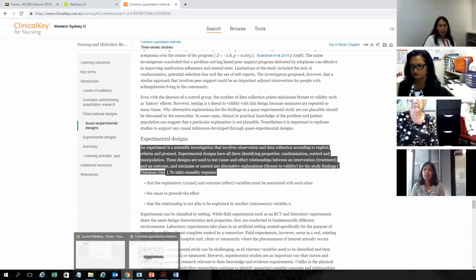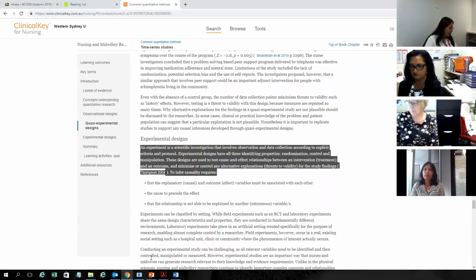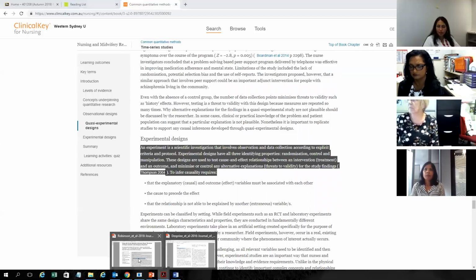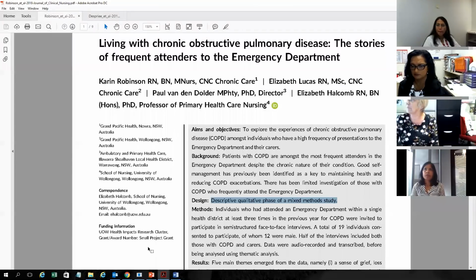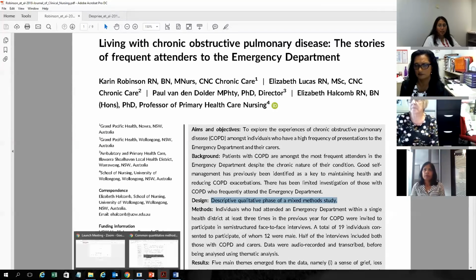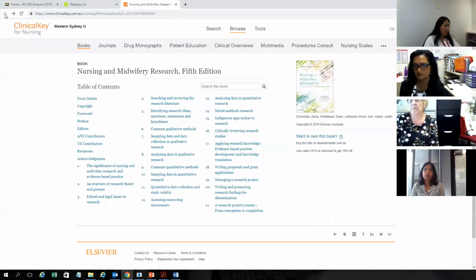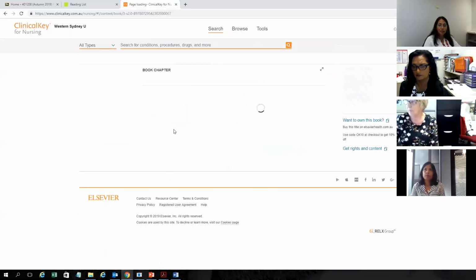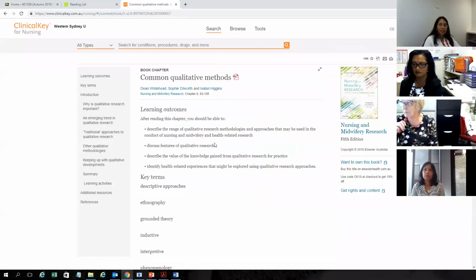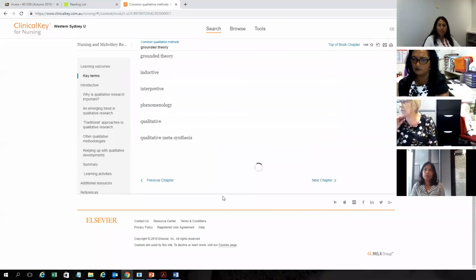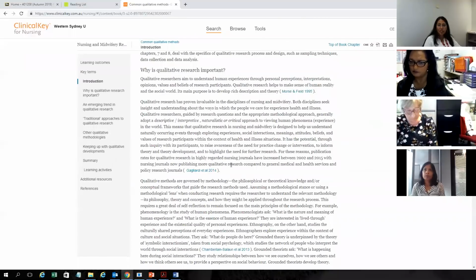Okay, so now I'm going back to the qualitative ones. The qualitative one says descriptive qualitative phase. So let's go back to your textbook. And I'm looking at chapter 6, common qualitative methods. And let's take a look at descriptive, because it says there it's a descriptive design.